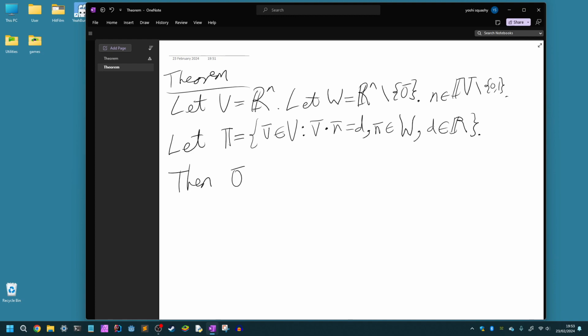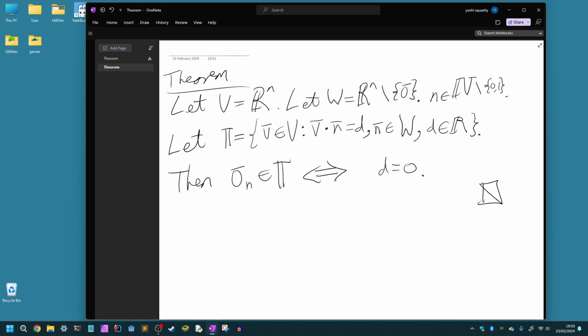Then the zero vector of n dimensions, I guess it's clear there, but here I'm going to write it. Then 0_n is of the set pi if and only if d equals 0 inside of pi's definition. Maybe a little unclear, but yeah.